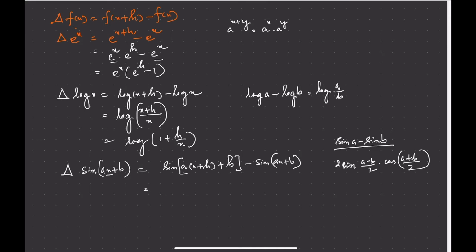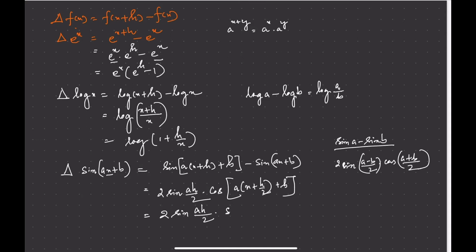So use this formula here. Here this is going to be 2 into sine of ah by 2 into cos of a into x plus h by 2 plus b. So finally the answer will be 2 into sine of ah by 2 into sine of ax plus b plus ah by 2 plus pi by 2.